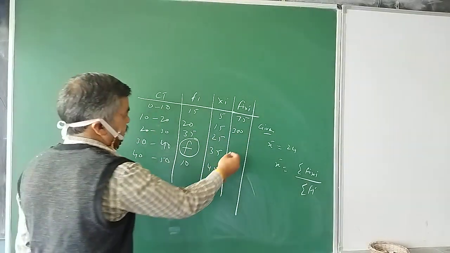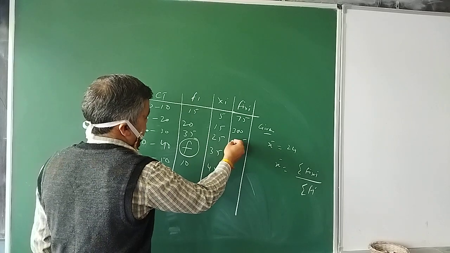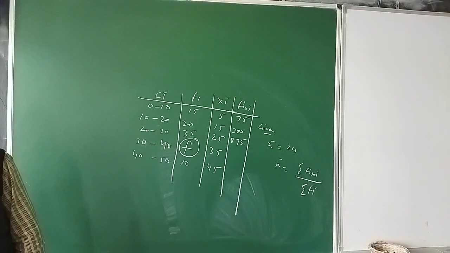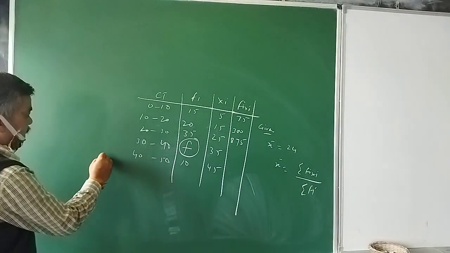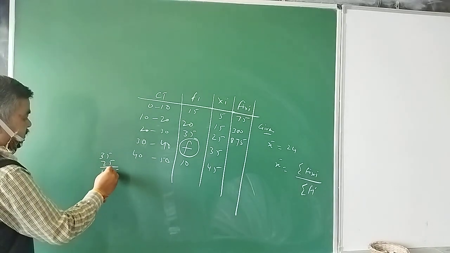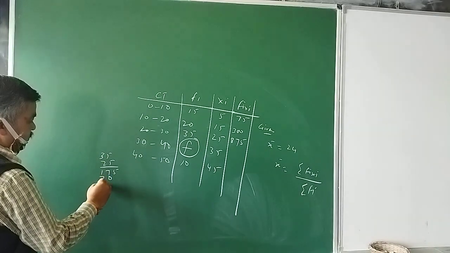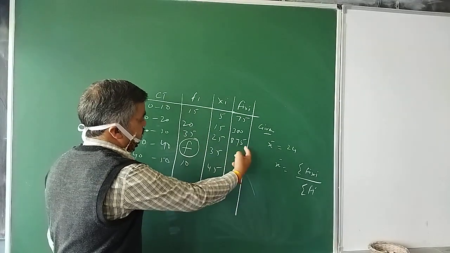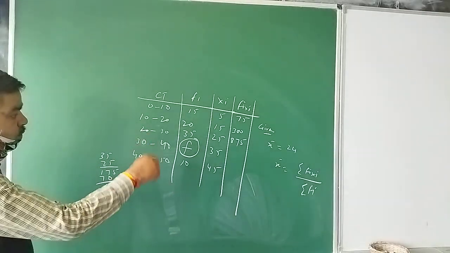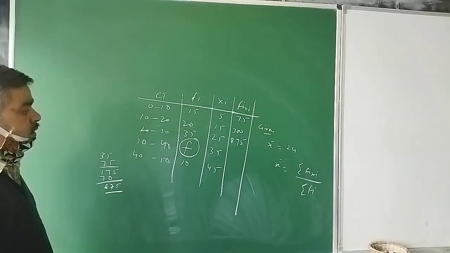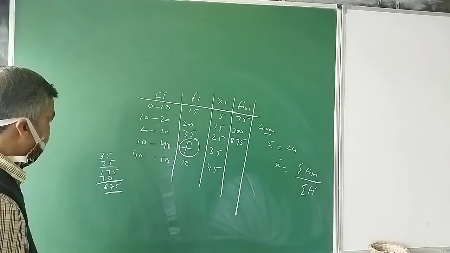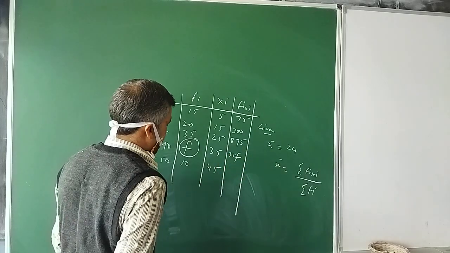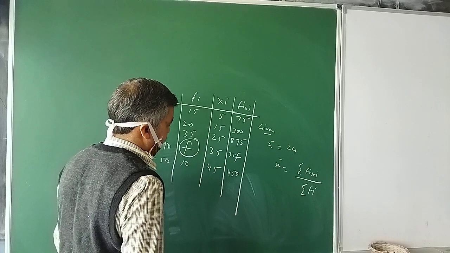Here you can check the multiplication, 35 into 25 will give you 875. Please do not make mistakes in such calculations. Do not try to do it orally; solve it carefully in a rough margin somewhere and check the accuracy. Here it is 35F, and then it is 450.